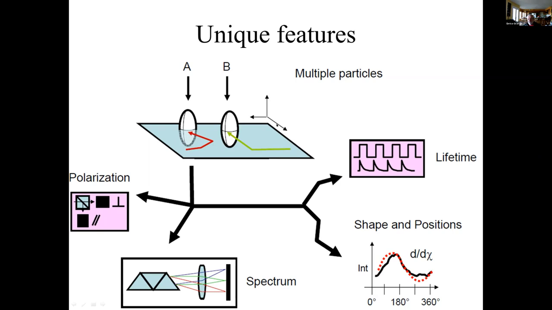So if it's elongated, it will be different and so on. And finally, we can obtain also the spectrum of the particle, as will be described by Belen in the next lecture. So we can measure lifetime, polarization, spectrum, and shape, all of them simultaneously while we are tracking.